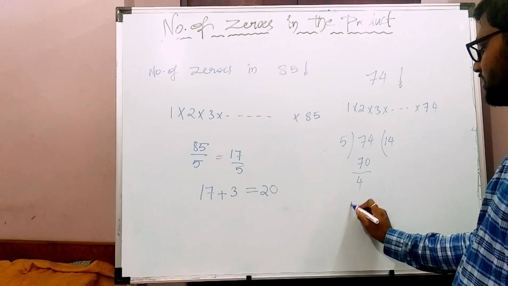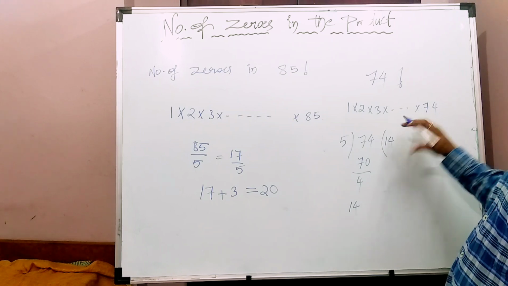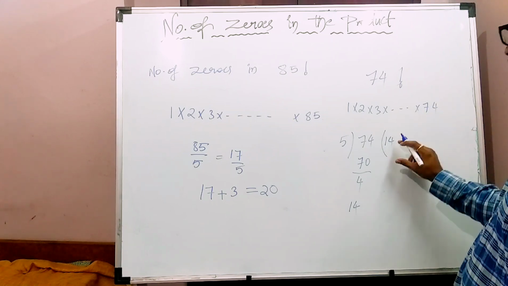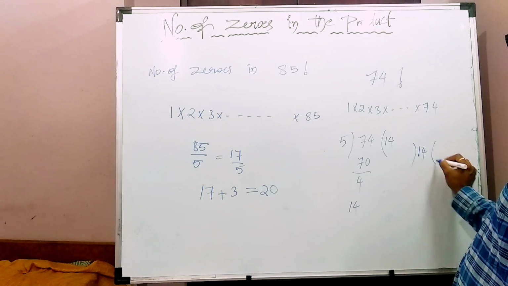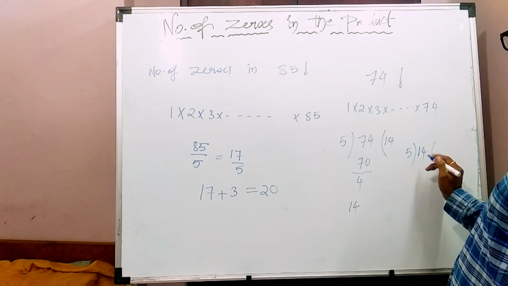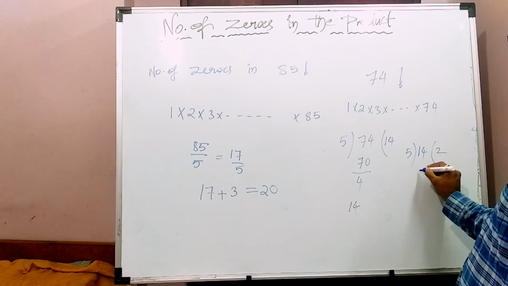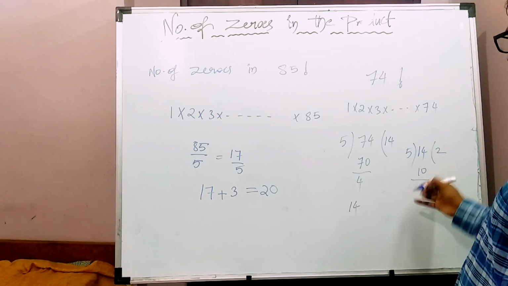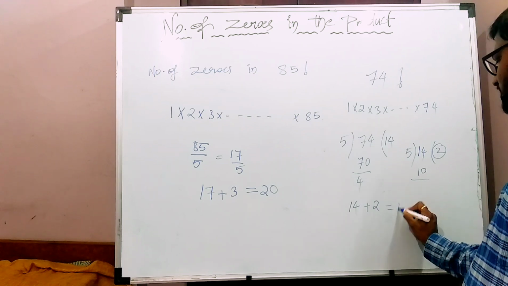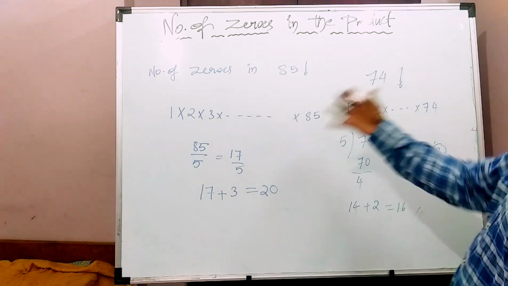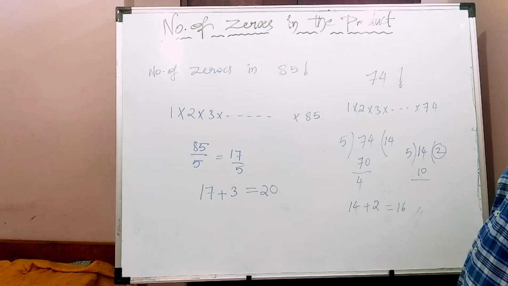So take only this integer, 14 point something we will get. Don't take the decimal value, take 14. And again this 14, how many times when divided by 5? 5 twos are 10. So 2 is the quotient. 14 plus 2, 16. So this product ends with 16 zeros.